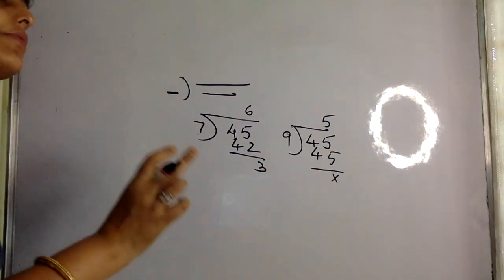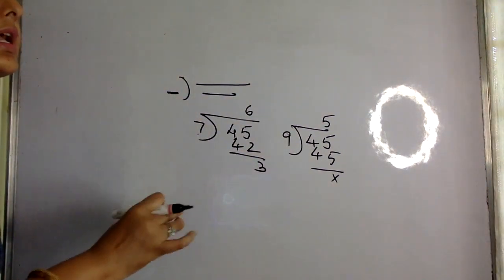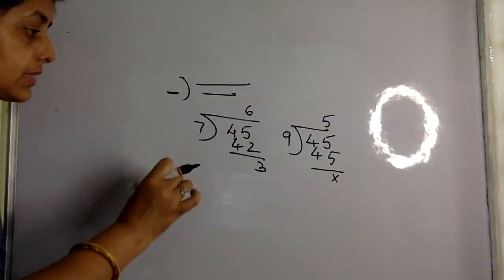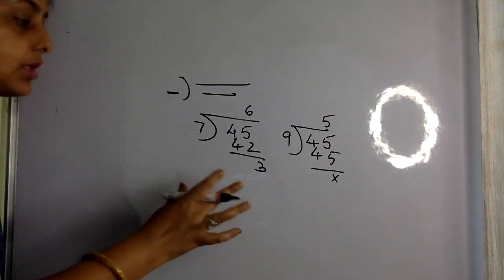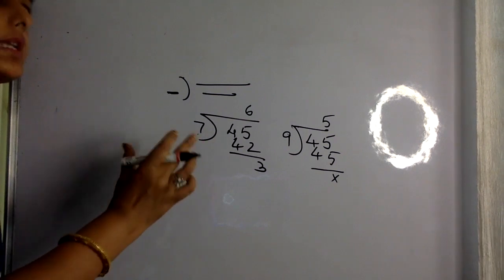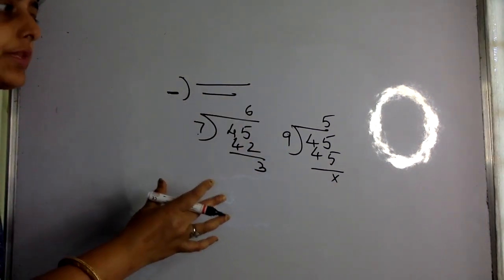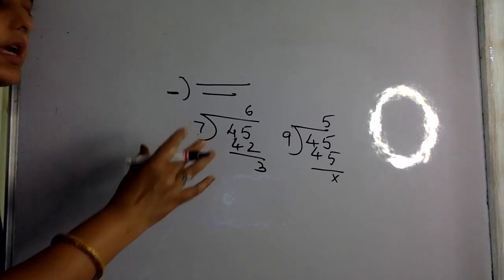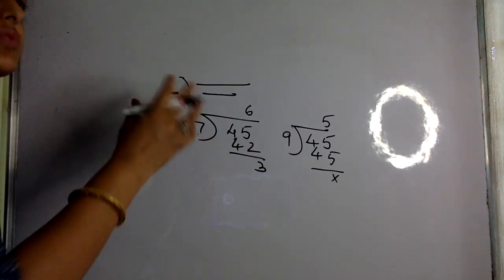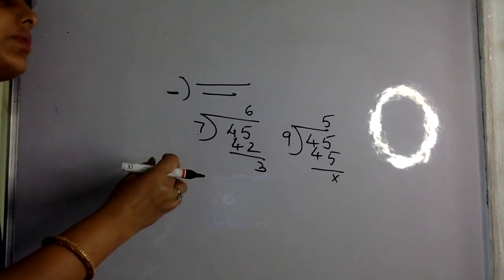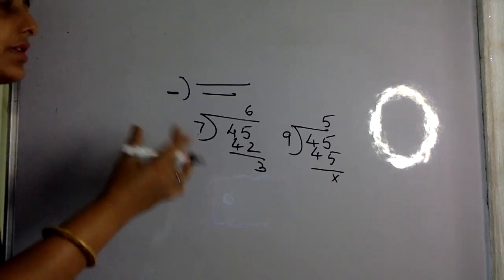In this chapter we are also going to do the same thing. As long as the remainder is 0, we know that the divisor expression is a factor of the given expression. That is the logic behind it. I told you this with numbers because with expressions it sometimes becomes a little confusing.